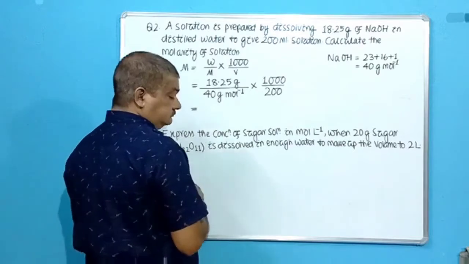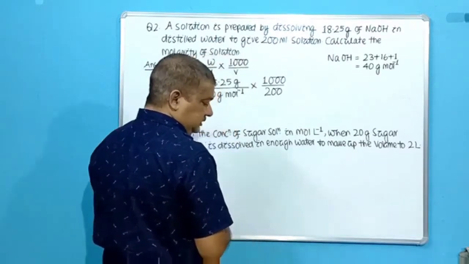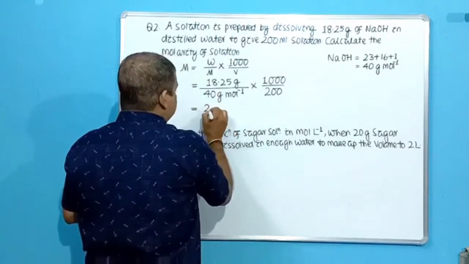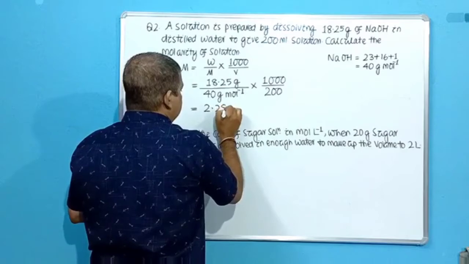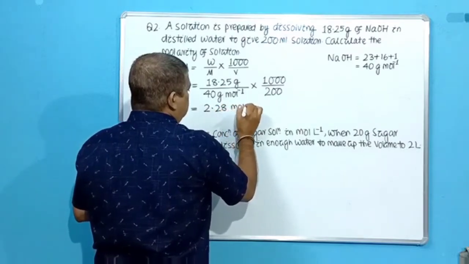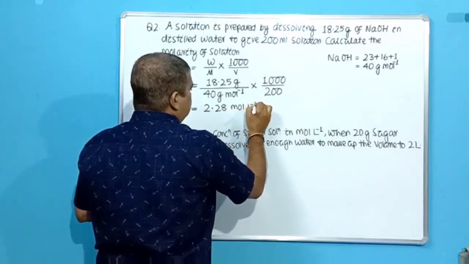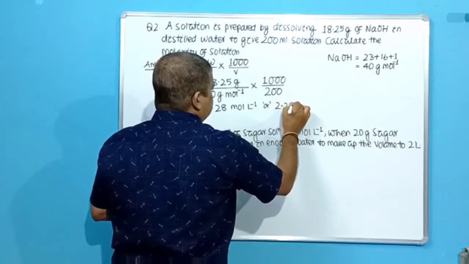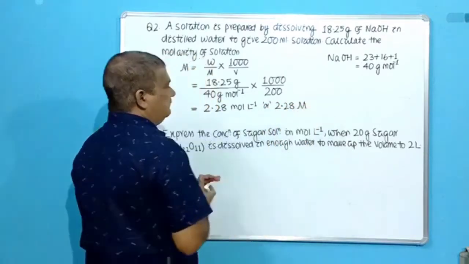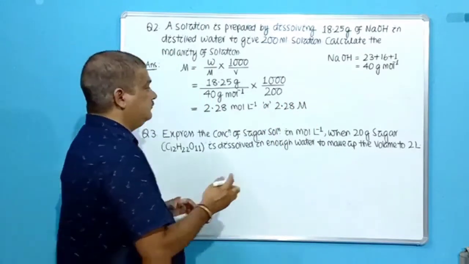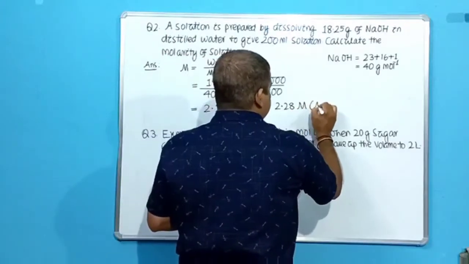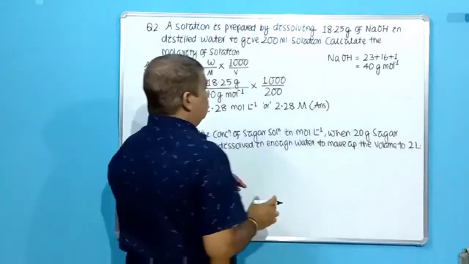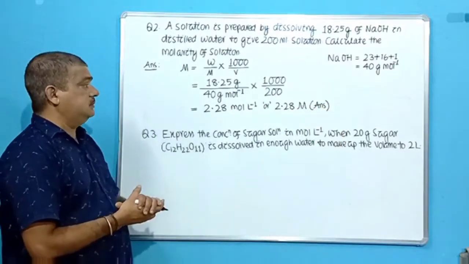It will be 2.28, and the unit will be mole per liter, or we can write 2.28 molar, capital M. So, 2.28 molar solution will be the answer of question number 2.